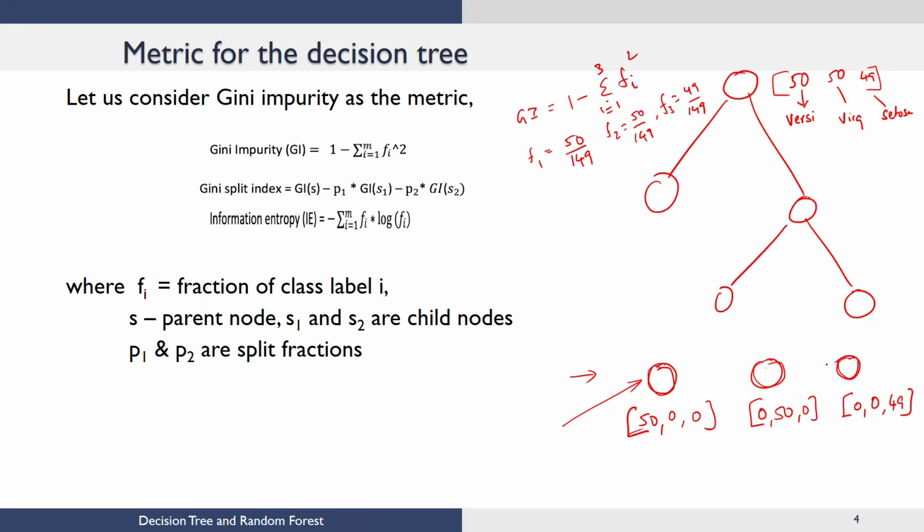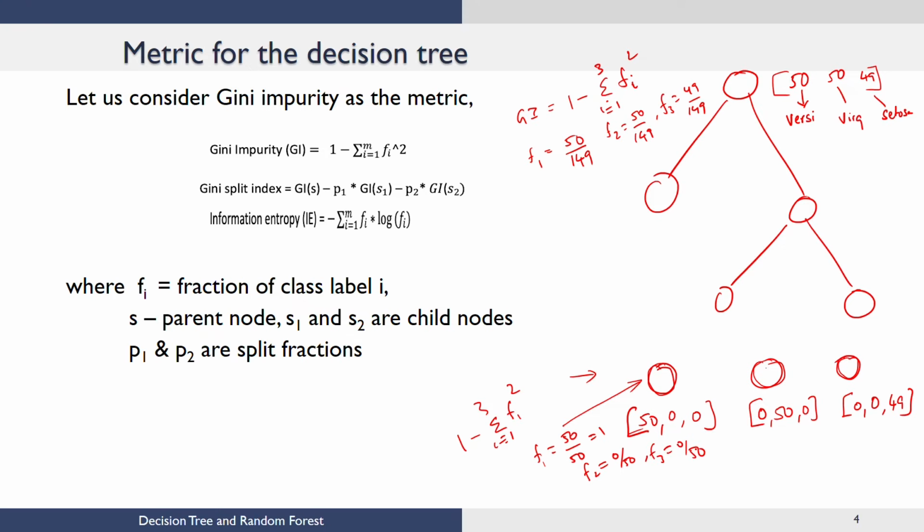If I have a node like this, a pure node, how would I compute the Gini index? I use the same formula, but what will that value be? We can see this here. Again I have 1 minus sigma i equal to 1 to 3 f_i squared. In this case, f1 for versicolor is 50 divided by 50, because 50 plus 0 plus 0, there are only 50 samples, so this is equal to 1. f2 will be 0 by 50 and f3 will be 0 by 50.